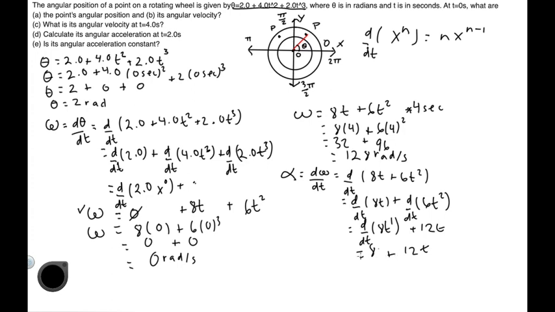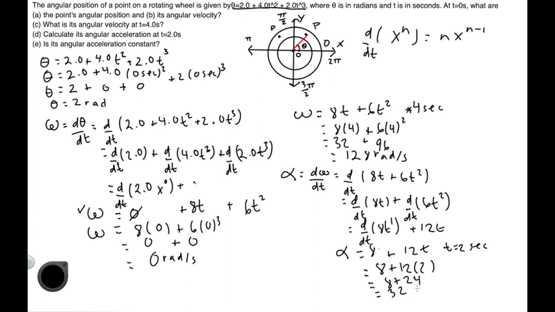So this is going to be our angular acceleration formula, 8 plus 12t. Now to find the angular acceleration at t equals 2 seconds, we just plug in 2 seconds. So we have 8 plus 12 times 2, which is equal to 8 plus 24, which is equal to 32.